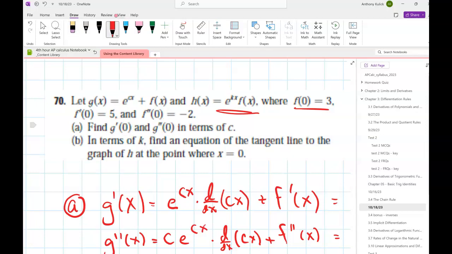Equation of a tangent line, well, I know how to do that. I just need the derivative evaluated at the x value. It's just a little more abstract because there are some constants floating around in it, but it's okay.